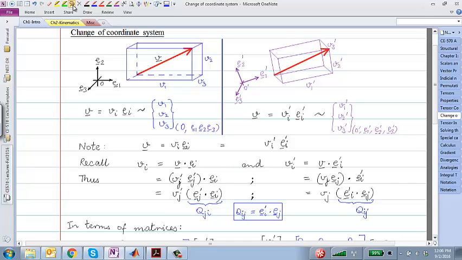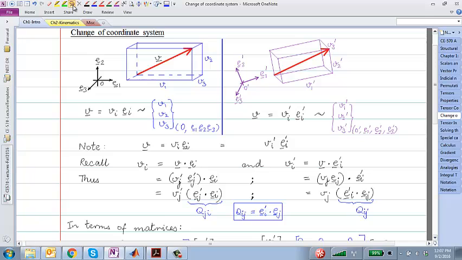Q here is a matrix. Q is not a tensor, even though it has these two indices. Q is a matrix, the way that we've defined it here. So Qij is defined as ei prime dot ej. What would that be?